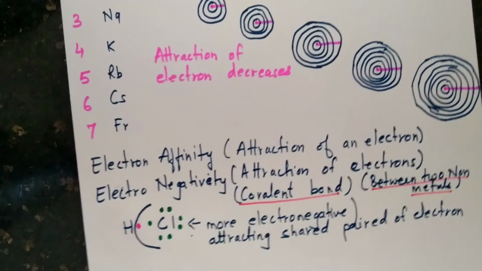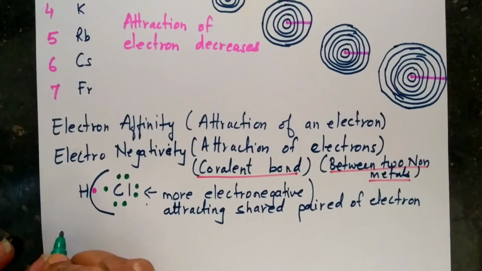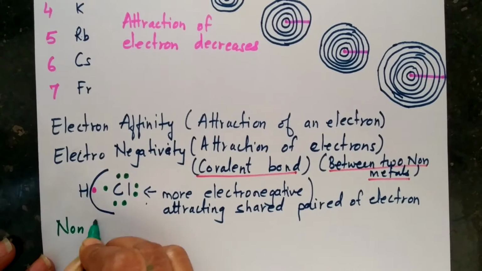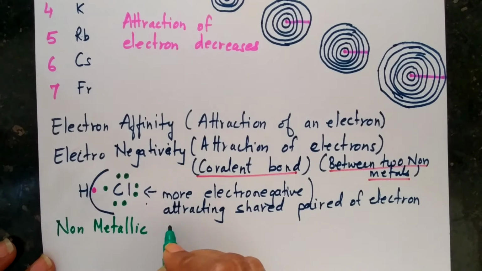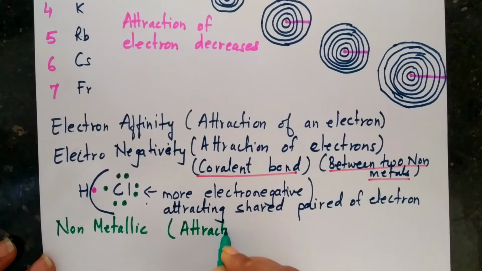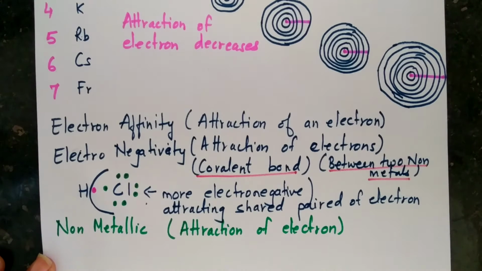Now next is non-metallic character. Non-metallic character is again the attraction of electrons. Potassium and sodium are metals.